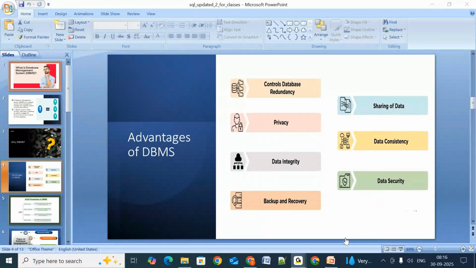Yes, first point, correct. If you're unable to speak, you can use the chat box here. Data can be missed means security was not there for the data. Correct? Fine. The next one.